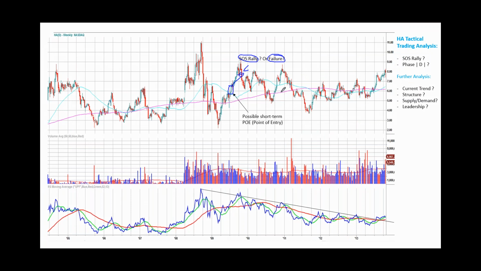And this is something that I'm always trying to communicate to my students: what is the best trade? The best trade is the one that is being executed correctly by all of the rules in your methodology. So therefore, we followed all of the rules. We assumed that there's going to be either sign of strength rally or a failure.